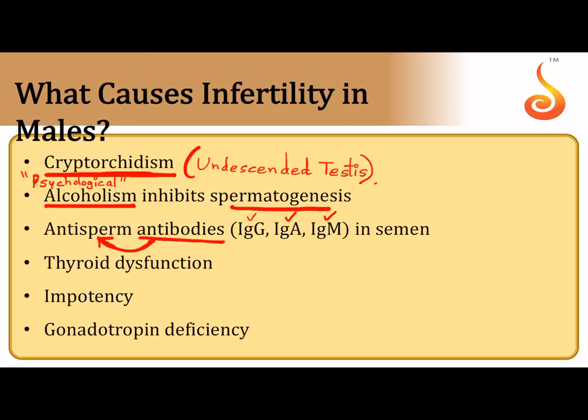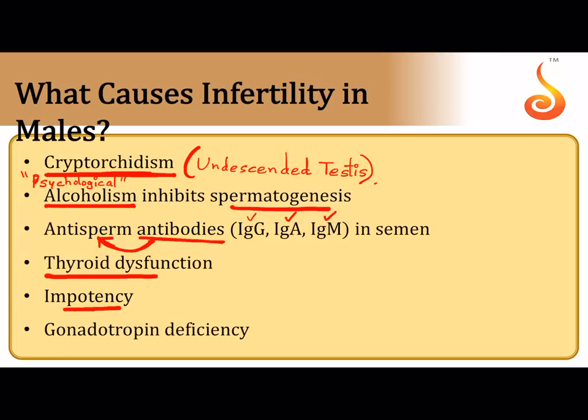So, the person's immune system is producing antibodies against his own sperm. This is called anti-sperm antibodies. Then thyroid dysfunction. Suppose a person has less than normal functioning thyroid, then his metabolic rate will be low, and this can also affect the hormonal levels in his body and it can affect spermatogenesis.